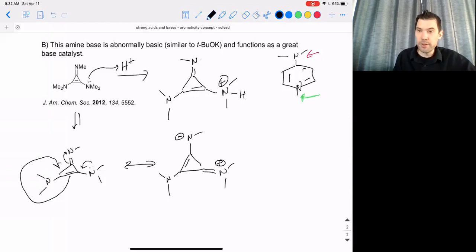And of course, this one is uphill in a sort of sense because we've gone from a neutral molecule to something that has two charges on it. But I think that this helps us illustrate why the top nitrogen, as is drawn here, ends up being the basic nitrogen. So when we go ahead and treat this with H+, we're actually going to want to use that nitrogen there.